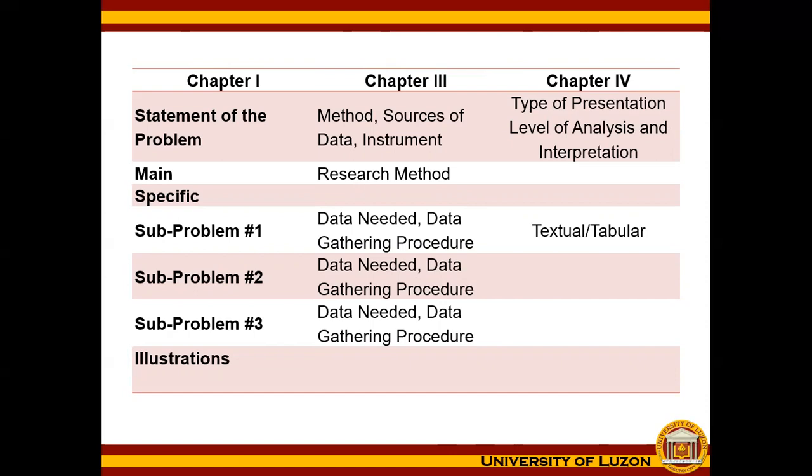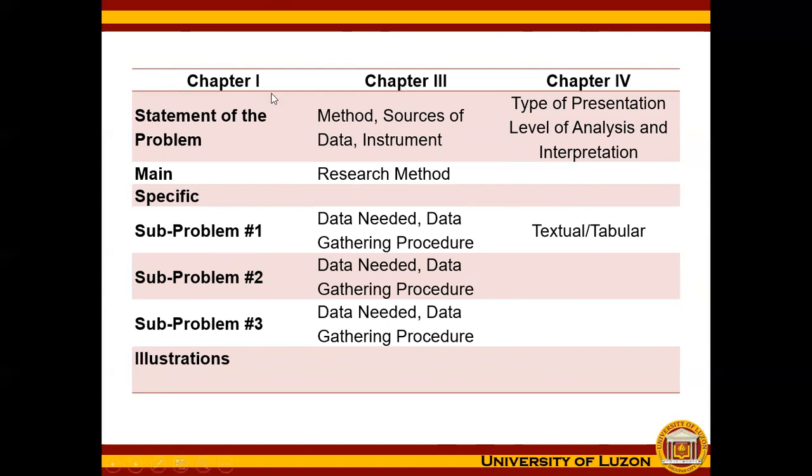Okay, analyzed and interpreted, right? So this is now the correspondence between and among the different chapters of the UL prescribed report. So we have the first chapter in the first column, the third chapter in the second column, and the fourth chapter in the third column.